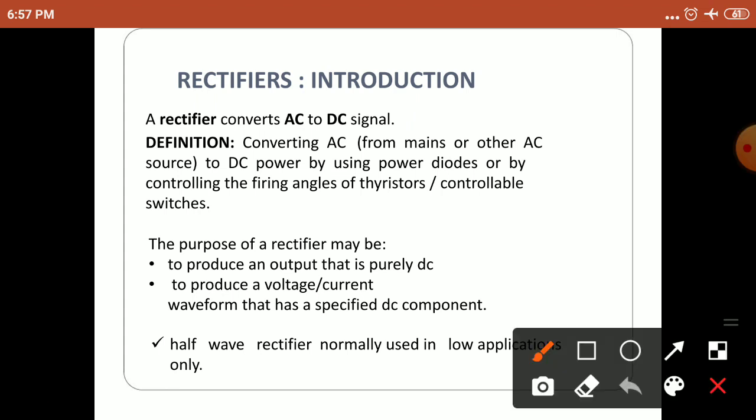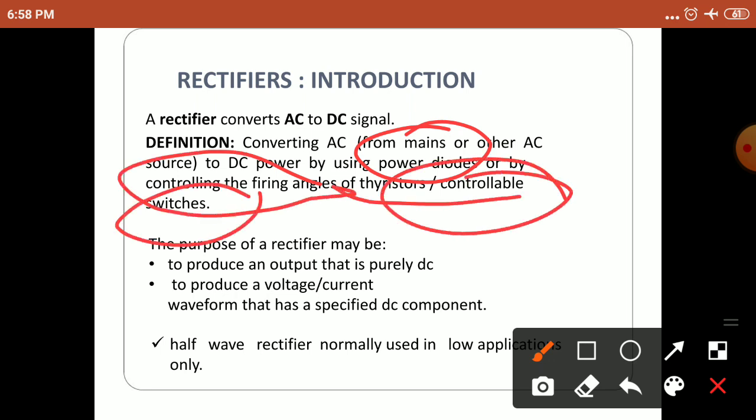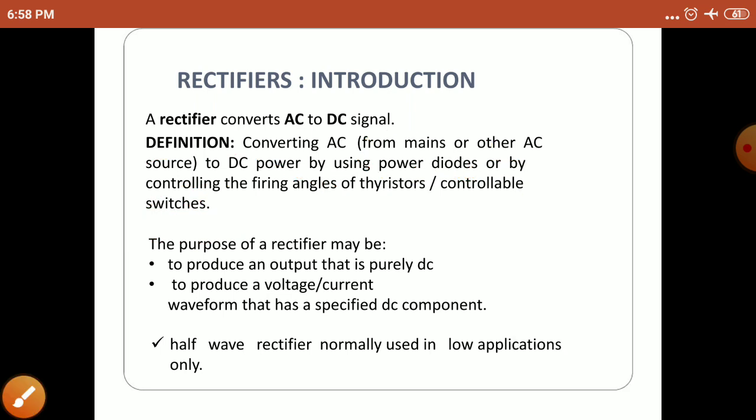If you want to define it: converting AC from mains, from the supply, that is from generating stations, or from another alternating source, to DC power by using power diodes, or by controlling the firing angles of the switches in the case of controllable switches. So that is the definition: conversion of AC to DC using power diodes or using SCRs.